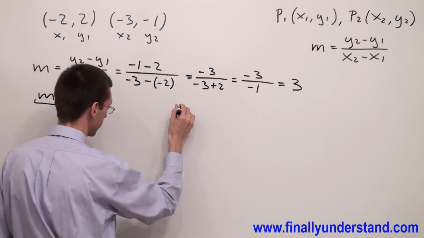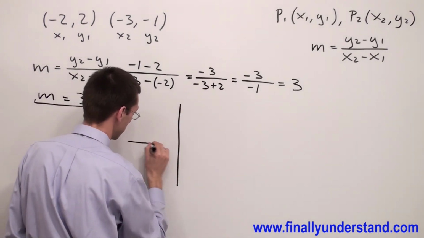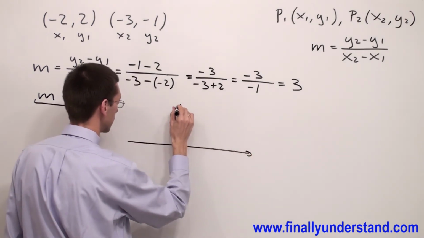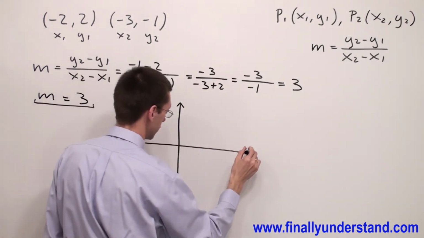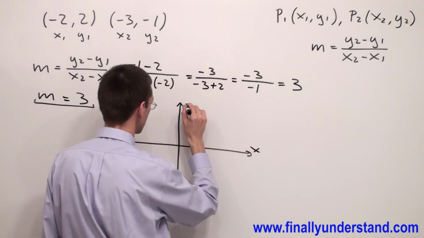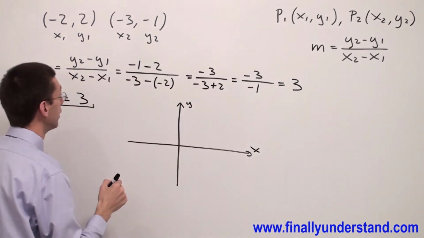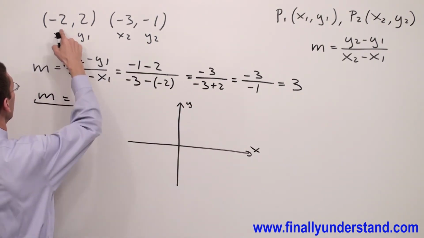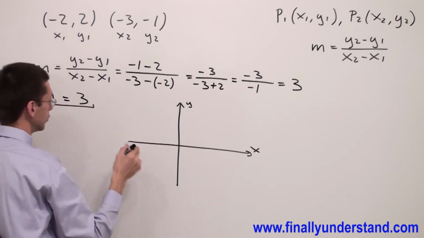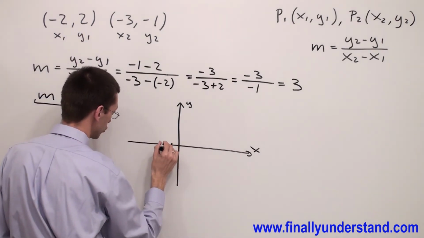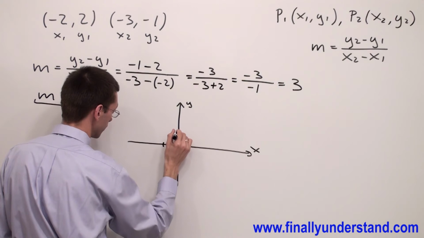going to look like. So we have x-axis and we have y-axis, and we have points minus 2, 2. I have minus 2 and 2.